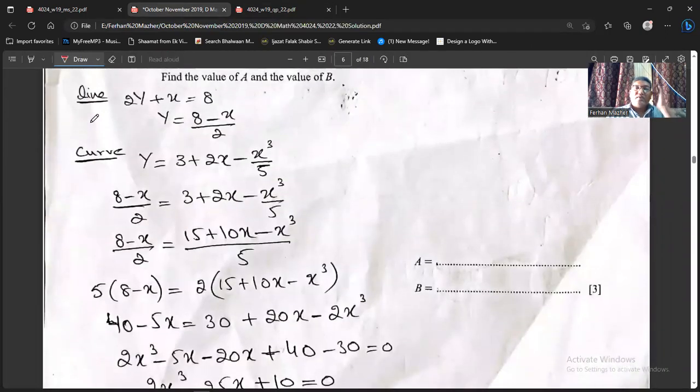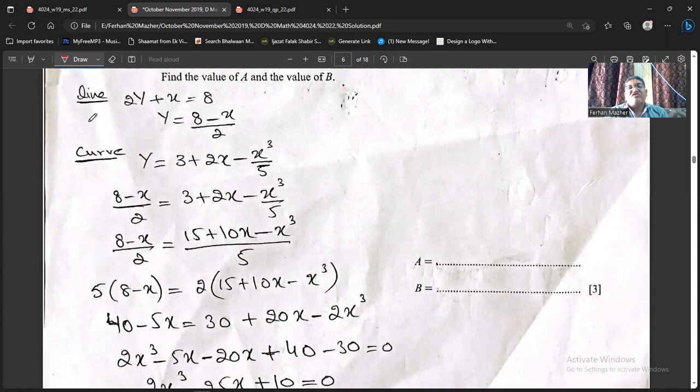The line is 2y plus x equals 8, so y is equal to 8 minus x, the whole thing divided by 2. The curve is y equals 3 plus 2x minus x cubed by 5. Because these points are basically the x coordinates of the intersection of the line and the curve, I will make their y equal to each other.